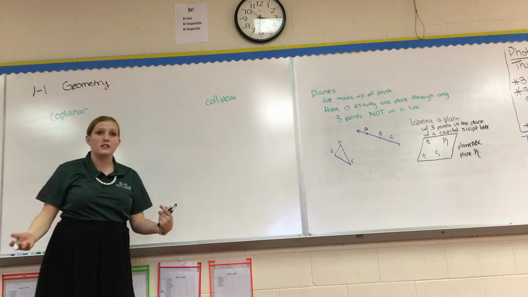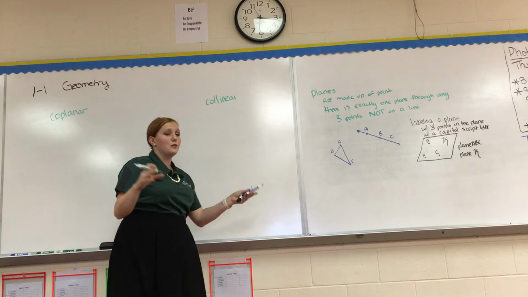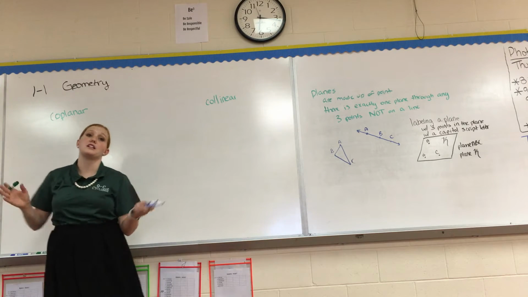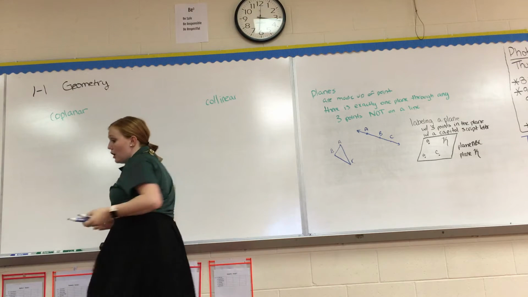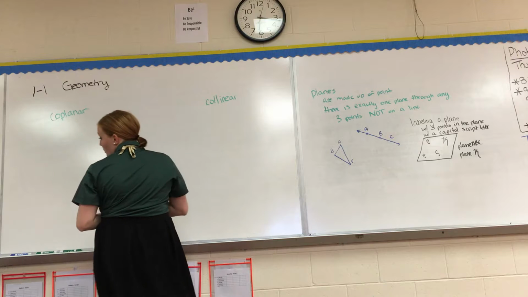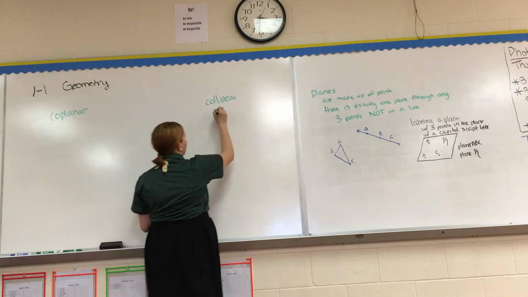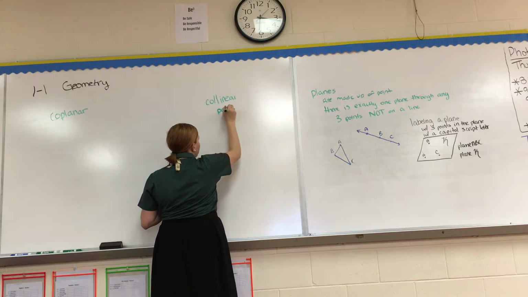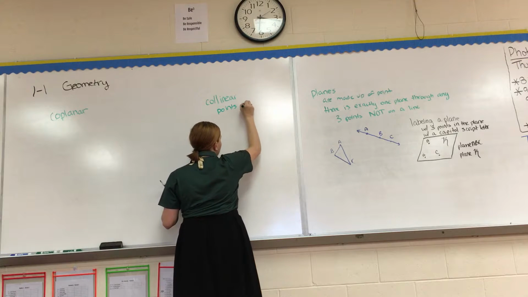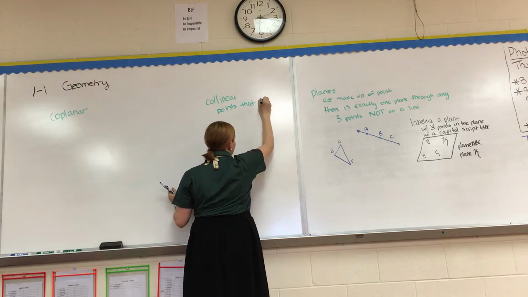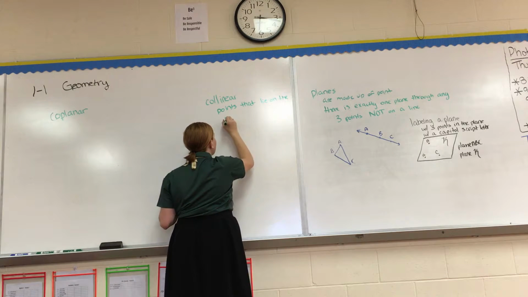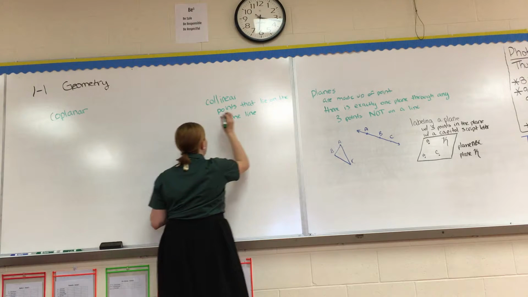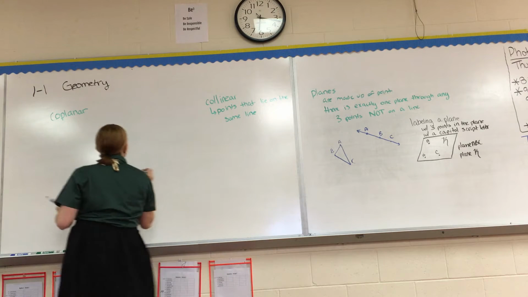We start with points, points become lines, lines become planes. It's kind of the process of how we do it. So collinear means points that lie on the same line. That's the definition of collinear.